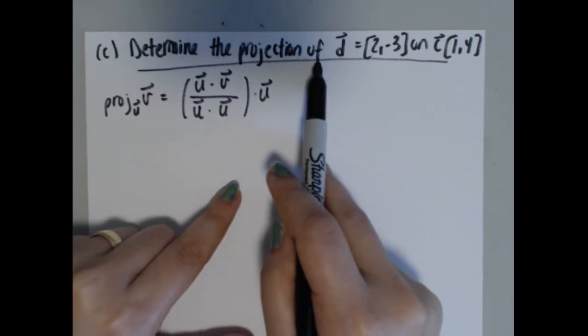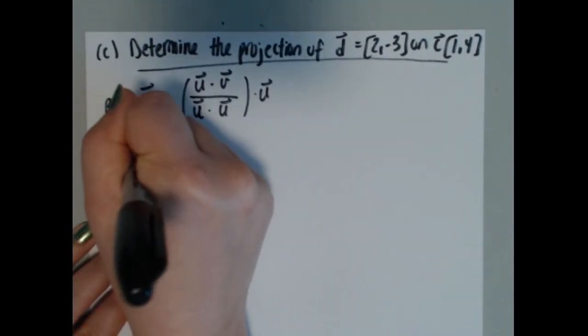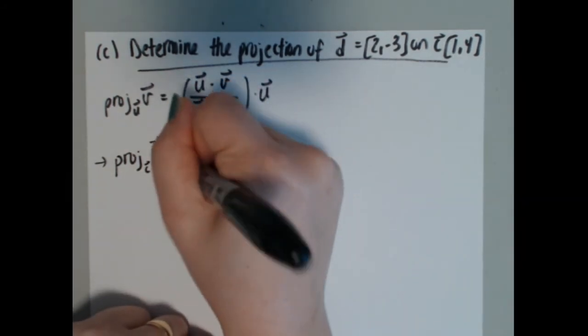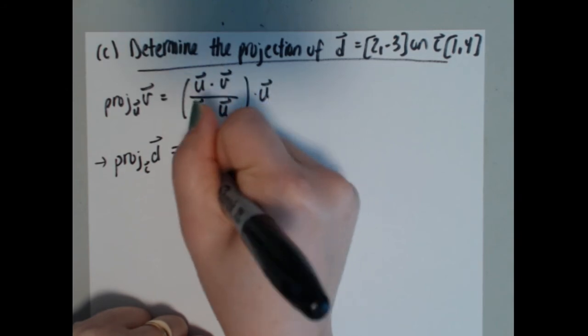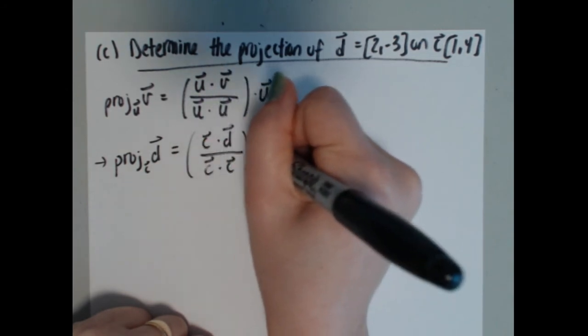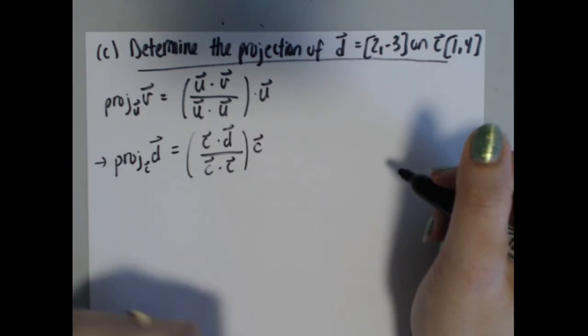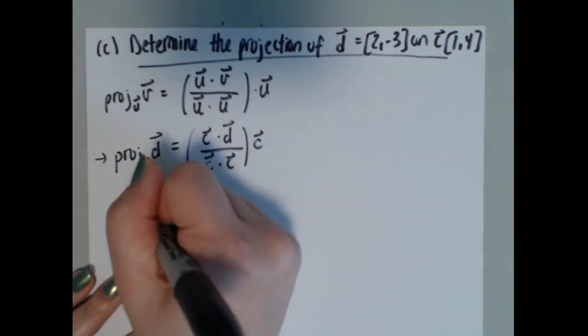What we're looking for is the projection of D on C. So what we need here is the projection of D on C. So following the same, I guess, naming criteria, we're going to have C dot D over C dot C times C. Okay, so make sure that's okay. So at this point, we're just going to plug in what we have.